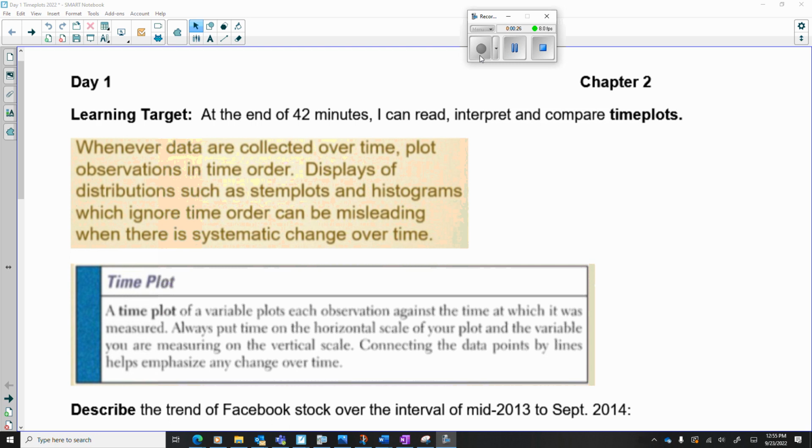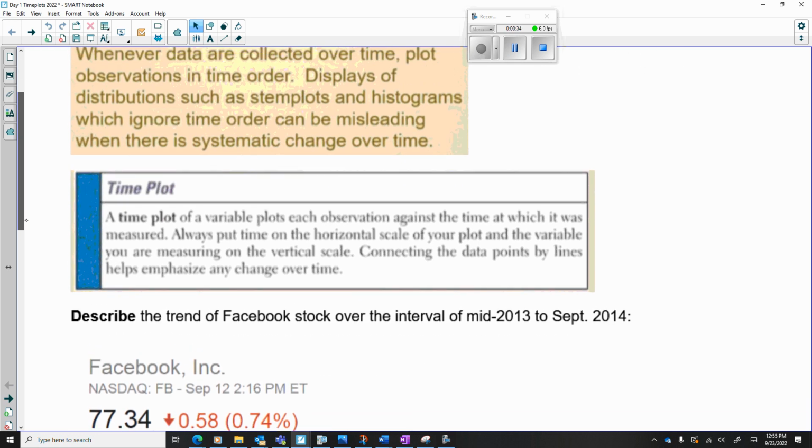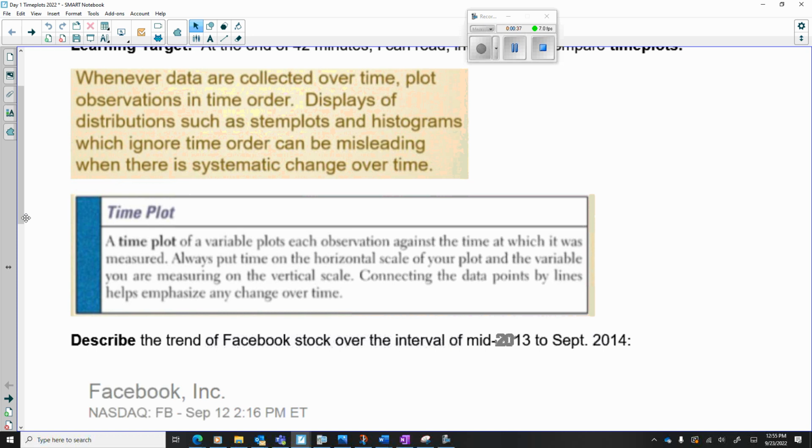So what is a time plot? Basically, anytime that data is collected over a time period, we can plot a variable, and this variable is a quantitative variable, which is a numeric variable, over time.